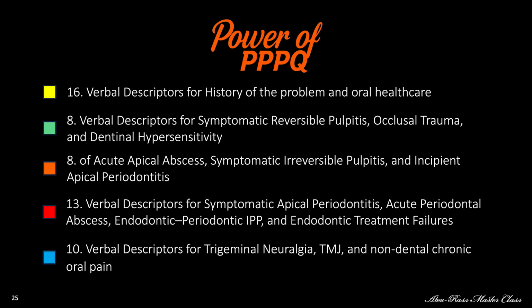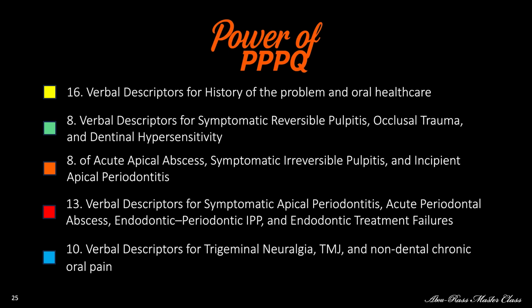13 questions, the too late, the red zone. In the red zone, you have the endoperio problems. You have the endodontic treatment failure problems. You have the AP flare-ups. And then in the blue zone, you have the trigeminal neuralgia problems, the TMJ problems.